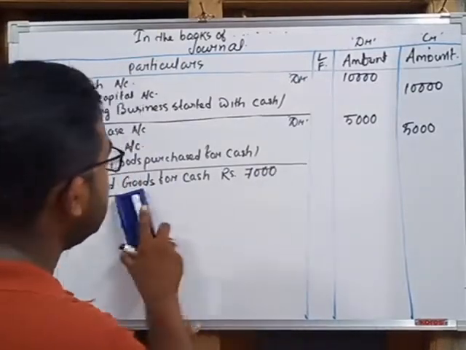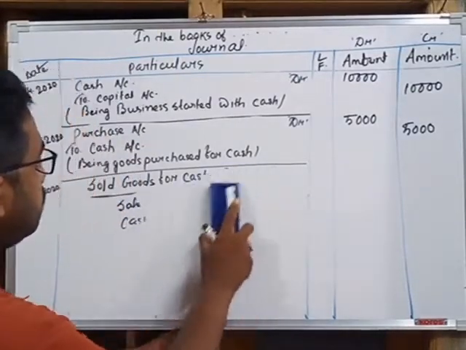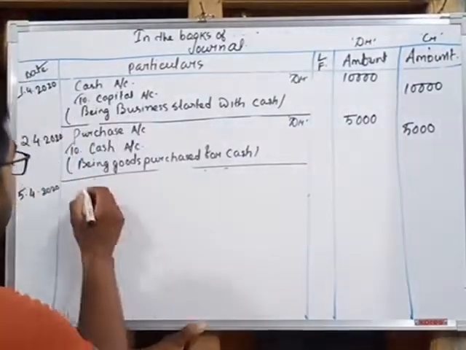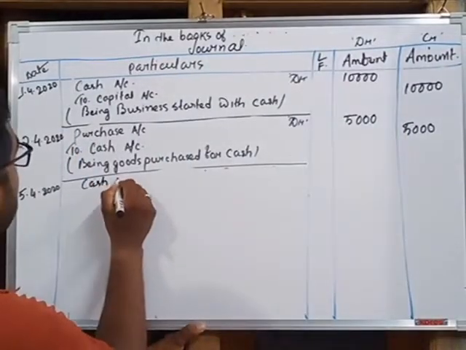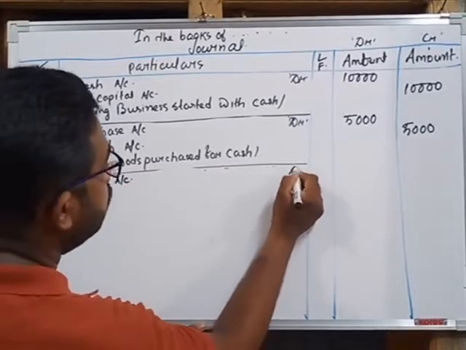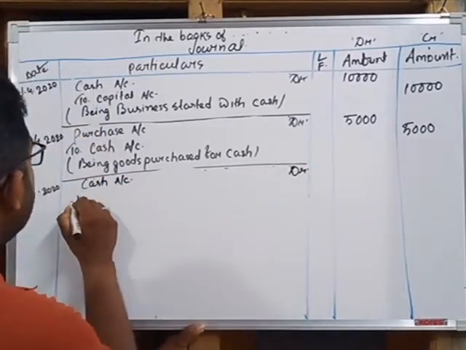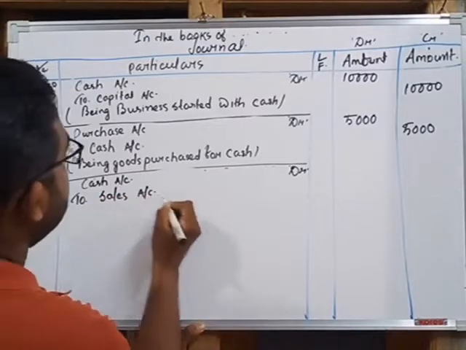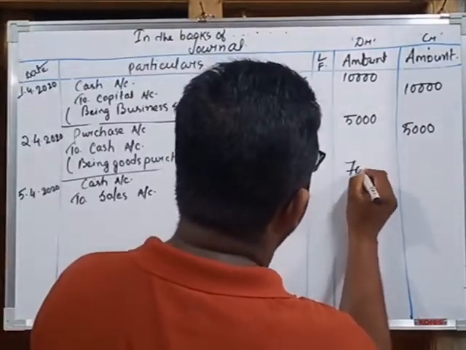So the entry will be: cash account debit, because cash comes in, to sales account, because sales is our income, rupees 7,000.